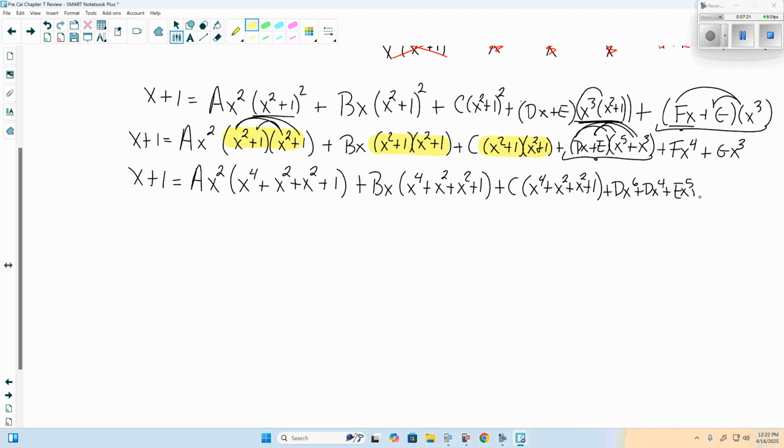And e times x to the 3rd is plus ex to the 3rd, plus fx to the 4th plus gx cubed. Combine like terms.